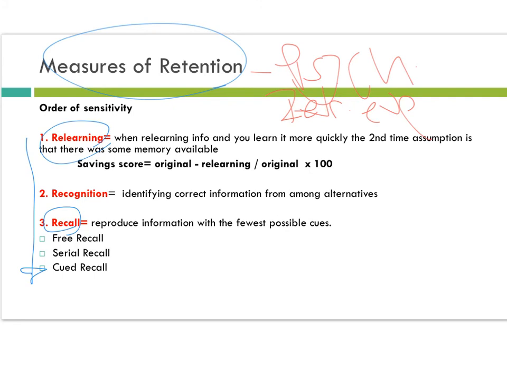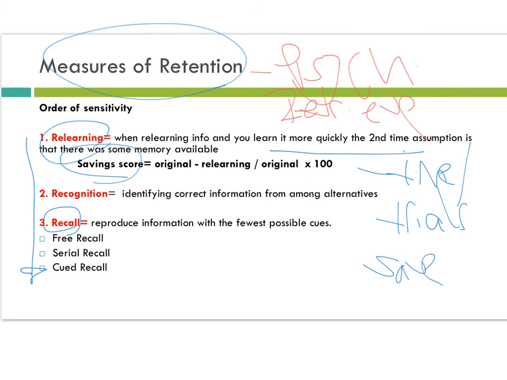So in terms of these three measures, obviously we have relearning. This is when you relearn information and you relearn it more quickly the second time. The assumption is there was always some memory available. So what the saving score is actually measuring is the time or trials that you've actually saved through relearning.